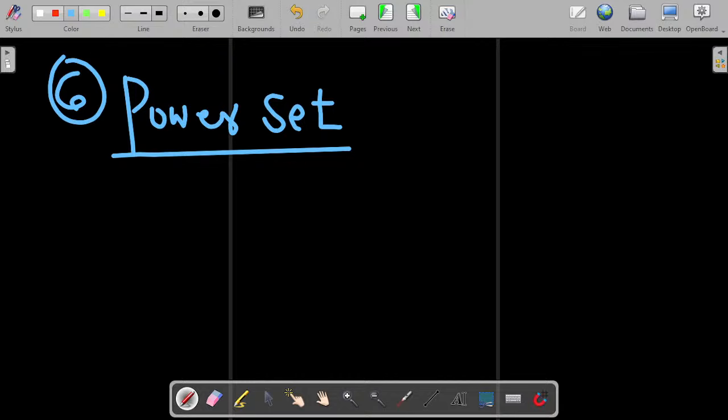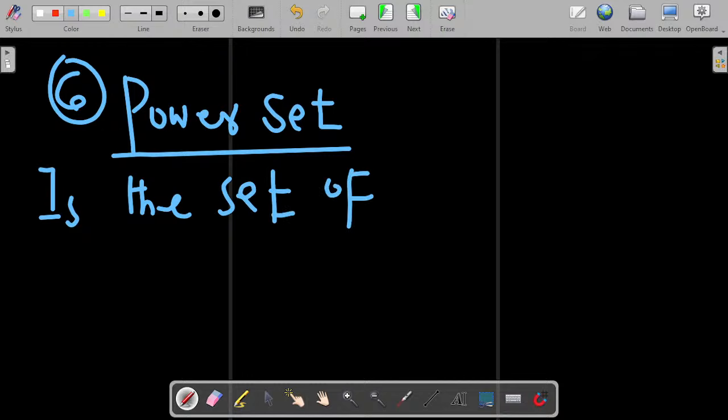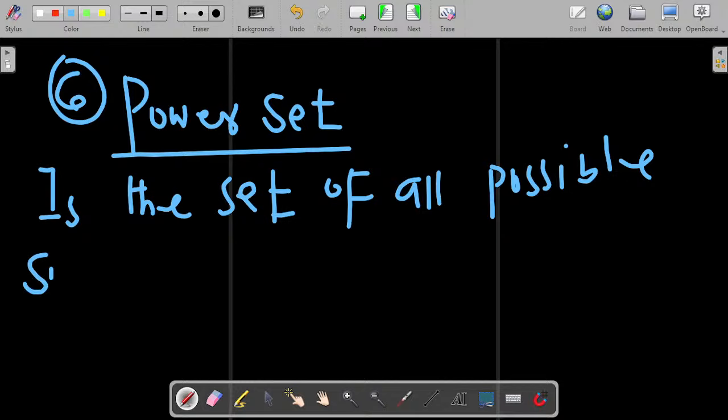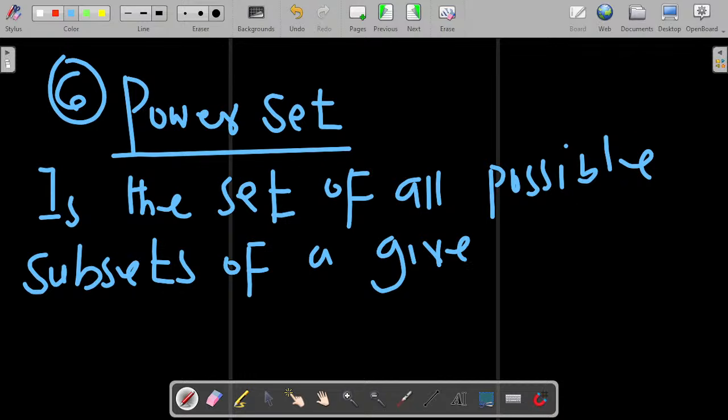So the power set is the set of all possible subsets of a given set. It's a set of all possible subsets of a given set.